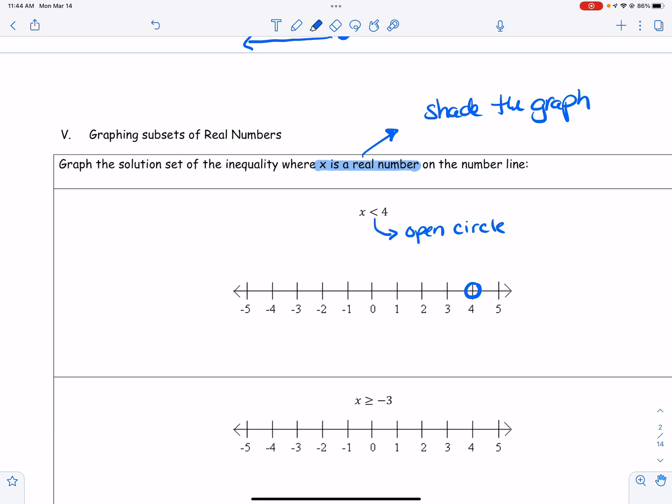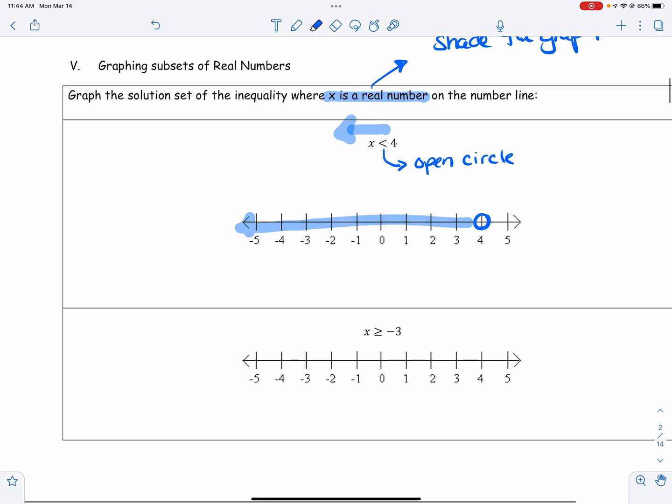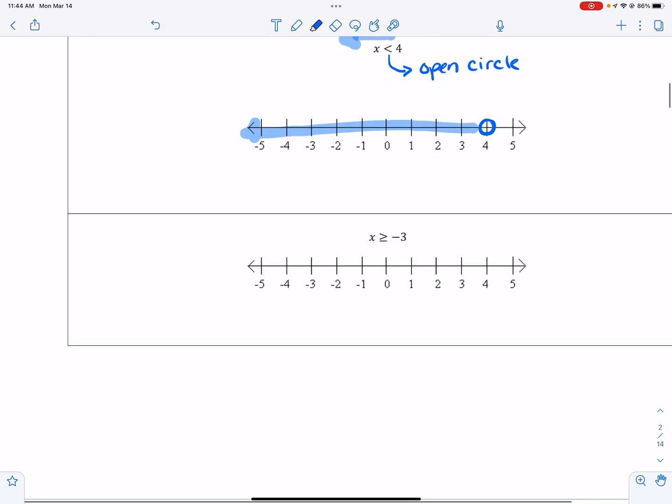And because the pointer is going in that direction, that's the direction I'm going to shade. These are going to be multiple choice, so you just have to choose the correct graph. They're going to give you an open circle shaded to the left, an open circle shaded to the right, a closed circle shaded to the left, a closed circle shaded to the right. Just make sure that you pick the correct one.